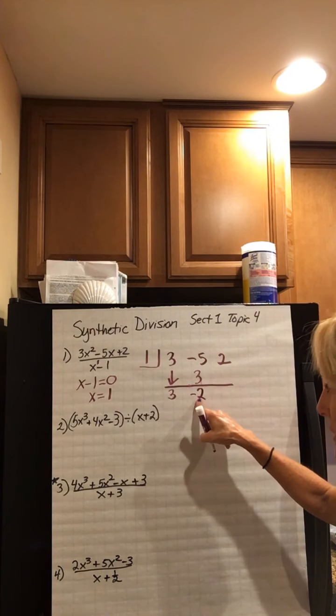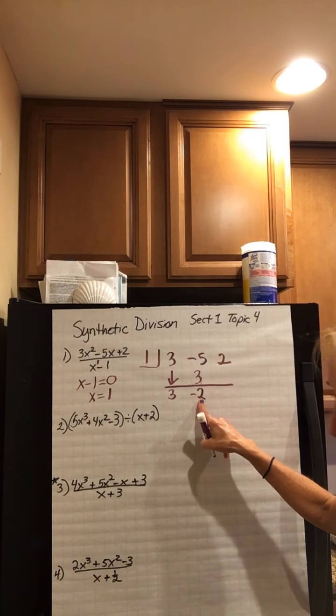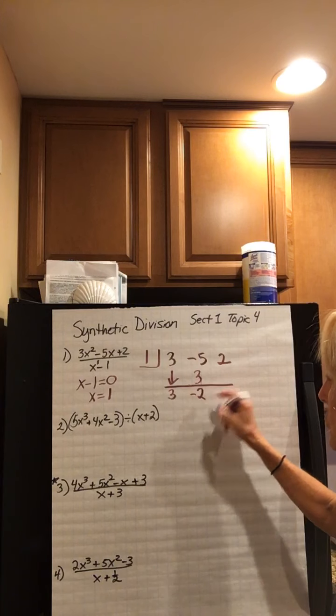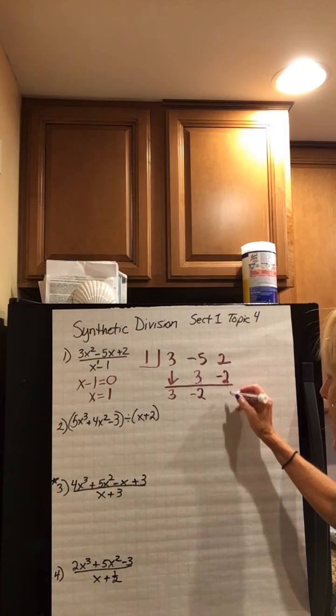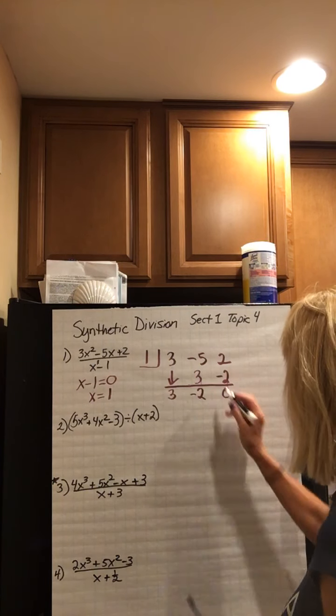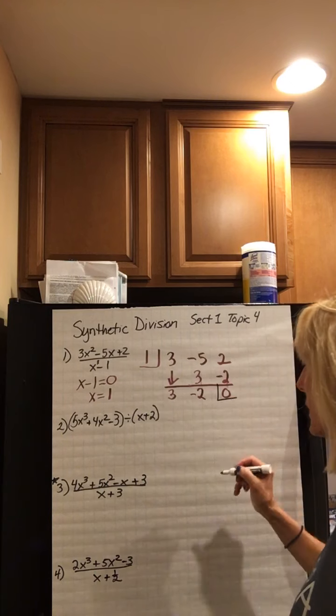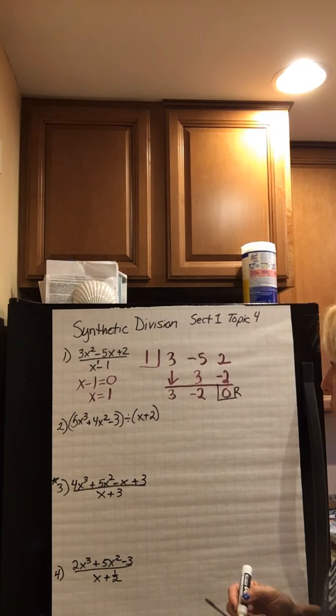Now I take this -2 and multiply: 1 times -2 is -2. Then I add, and I get 0. And you're actually done doing the math. The last box, I put a box around it. That's always your remainder. So my remainder is 0.